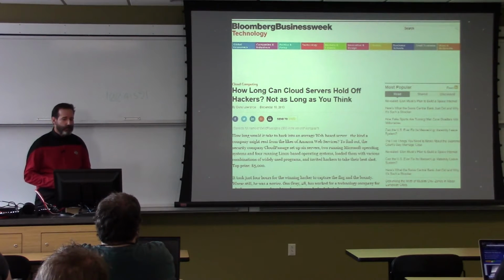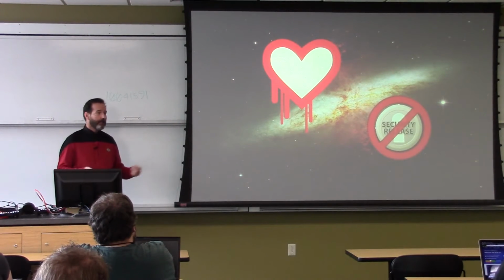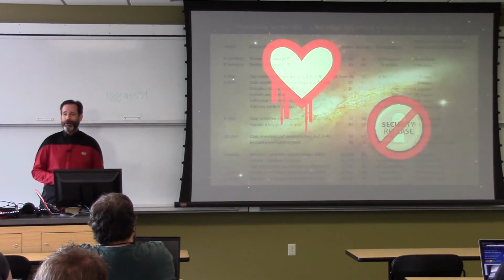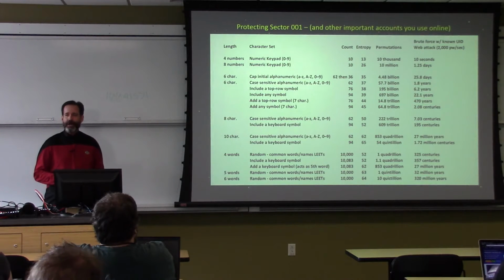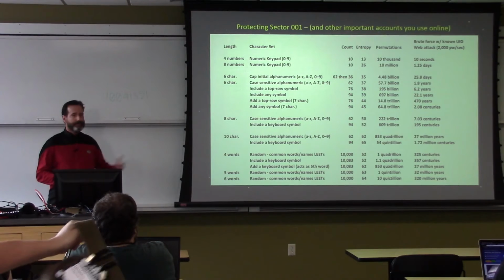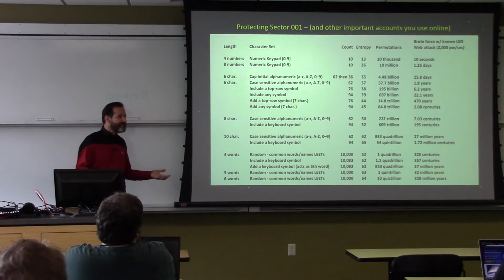Security vulnerabilities is one of the real major issues for us. And bugs can be overlooked for an awful long time. It's surprising how long that particular one lasted. There's all kinds of great studies about how long it takes to brute force hack various passwords of lengths. So there's suggestions on how long passwords should be. There's suggestions of using sentences and phrases.